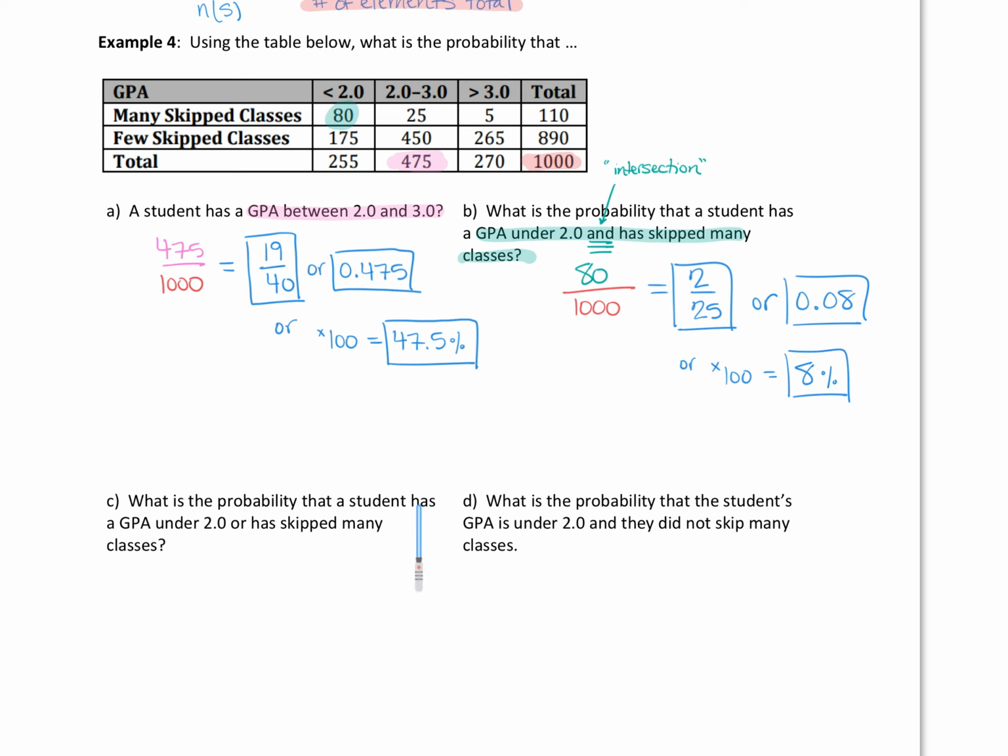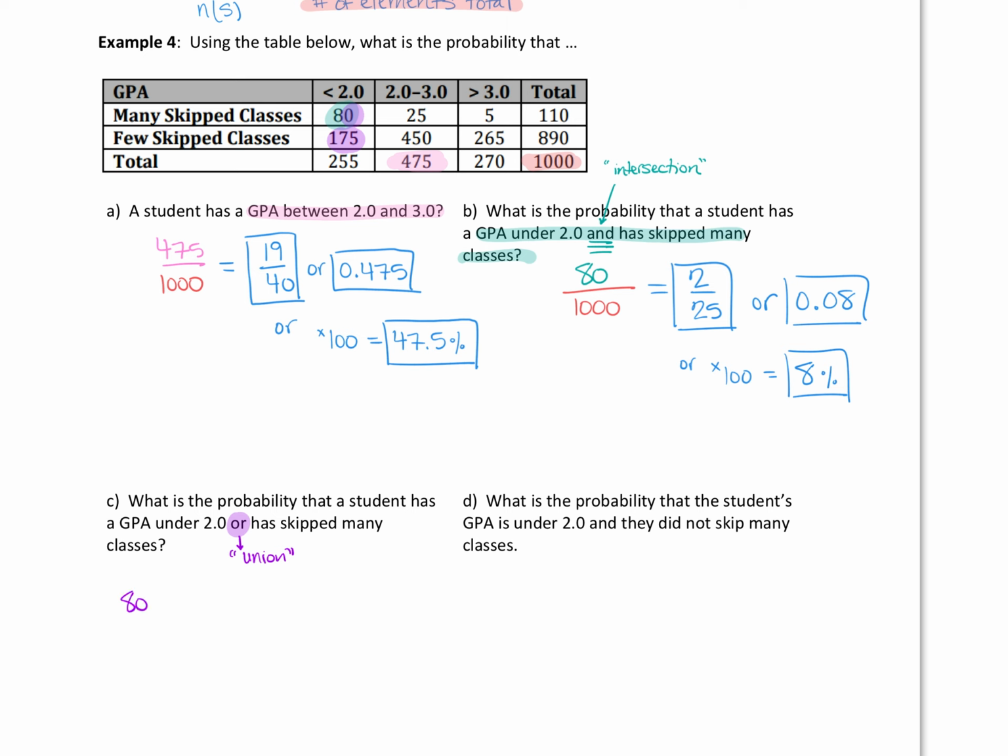What is the probability that a student has a GPA under 2 or has skipped many classes? So or right here is the union. So it's talking about everything combined between the GPA under 2 or the skipped many classes. So GPA under 2, let's see, there's 80 and 175.